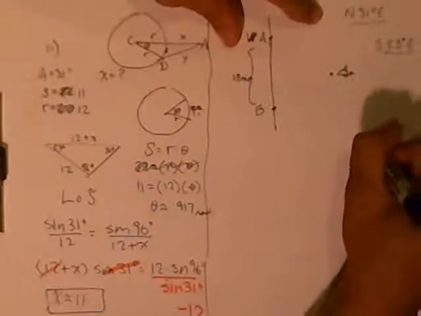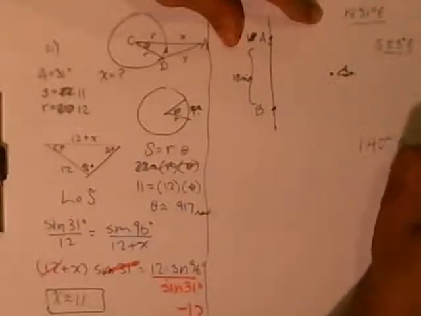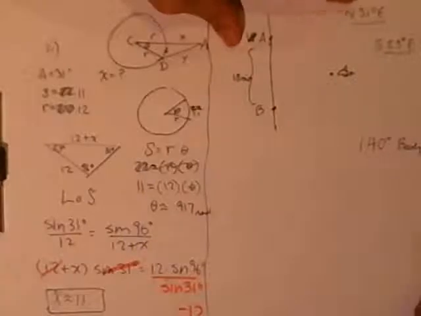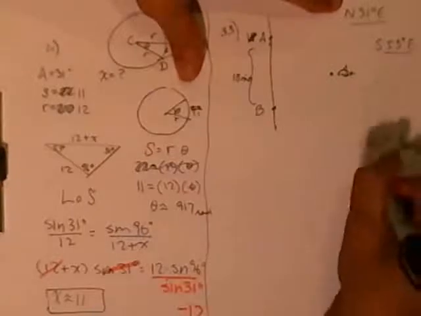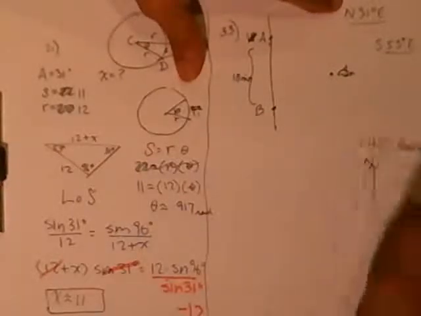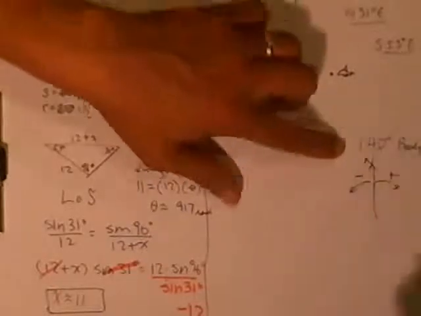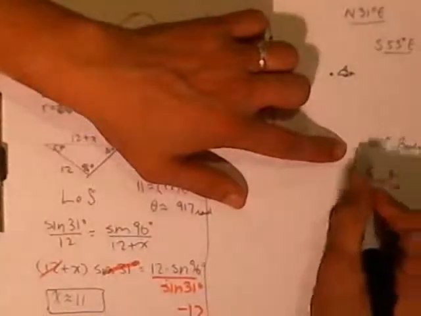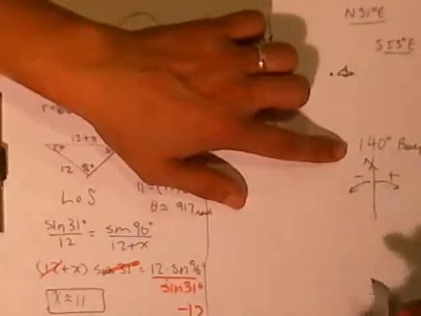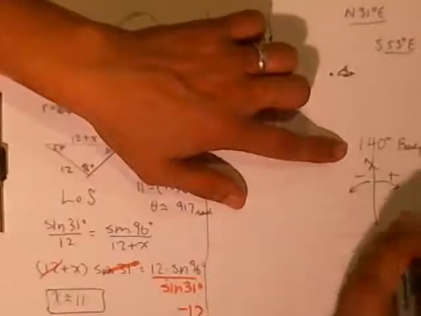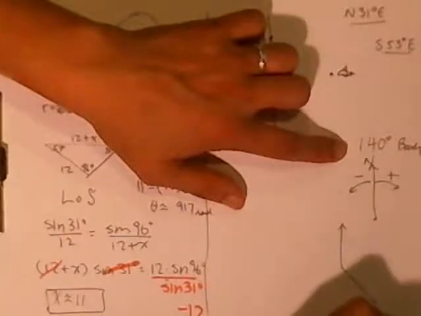You have like 140 degrees bearing, or you can have it in this other way too. 140 degrees bearing means starting at north, going positive this way, going left negative. So when they give you 140 degrees bearing, you start off at north and go positive 140 degrees. So from here, 140 degrees is going to be like this.